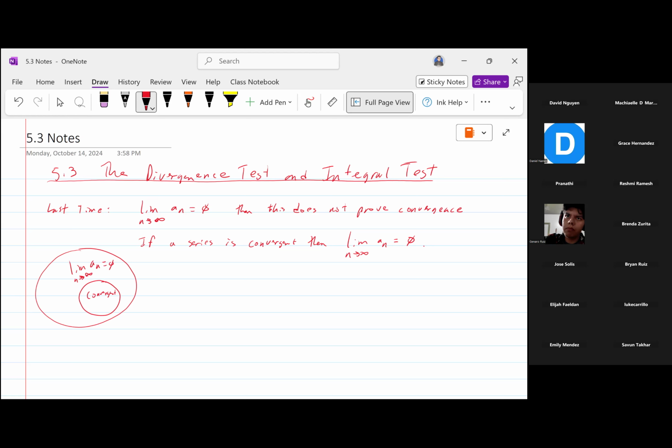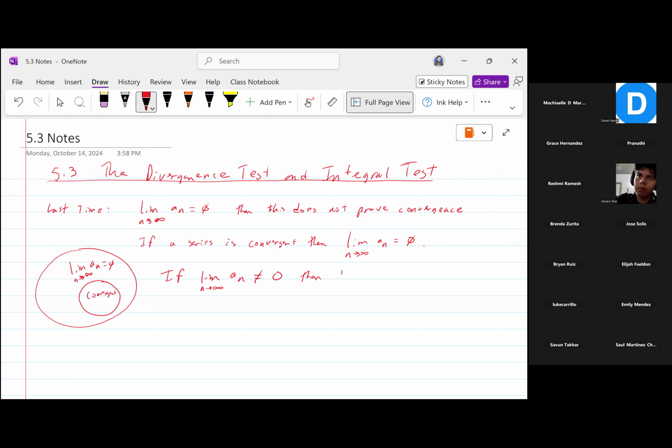Okay, so the contrapositive of this statement is also true, in that if the limit of a sub n as n goes to infinity is not equal to 0, then the series is divergent.